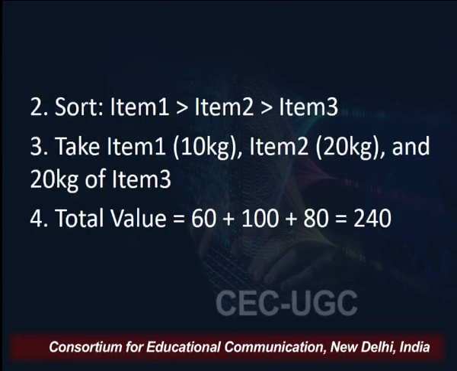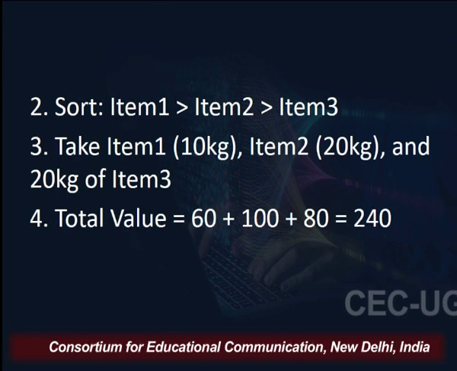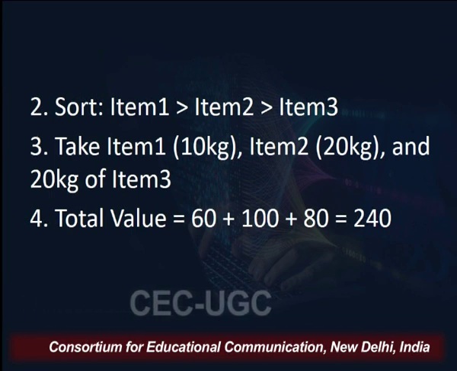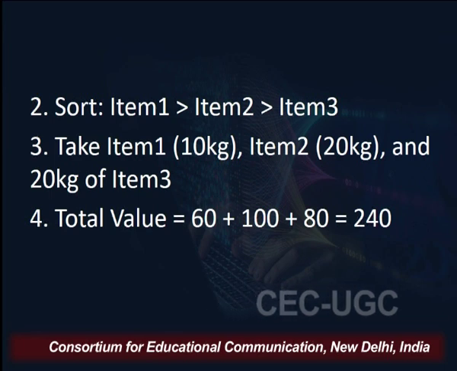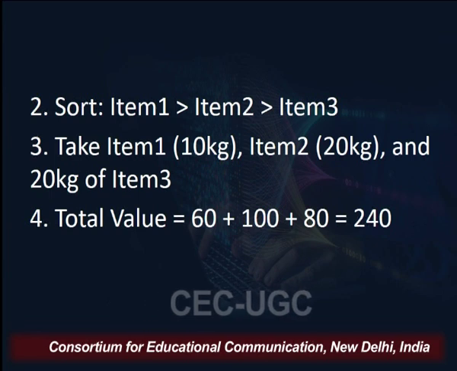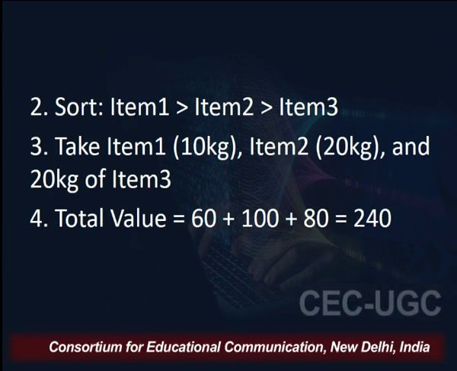So, here we have sorted the items by their value-weight ratio. Then we are going to take item 1, which is 10 kg. We are going to take item 2, which is also 20 kg, and we are not going to take item 3 in full because that is not the capacity we are left with.